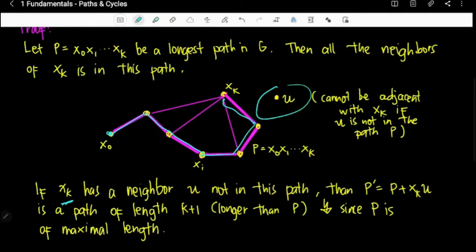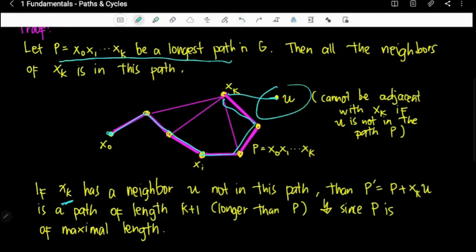But that cannot happen because we want P to be the longest path in G. So, meron daw tayong graph, kinuha natin yung longest path, tinawag natin siyang P. So, mula sa x0 hanggang doon sa kabilang dulo ng xk, siya na daw yung longest path. Wala nang mas mahaba pa sa kanya. So, ibig sabihin, kung merong neighbor si xk na wala doon sa path, yung P plus yung xku, mas mahaba doon sa path P. Which is a contradiction kasi sabi natin si path P ay ang longest.